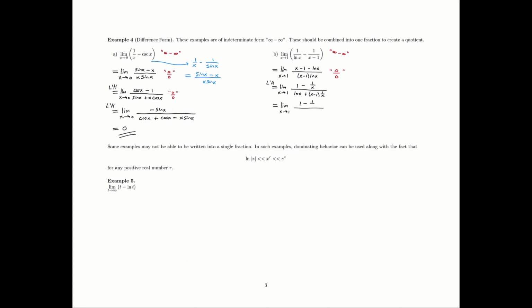This is 1 minus 1 over x over ln x plus 1 minus 1 over x. Okay. Now at this stage, if we plug in 1, we can see that we get 0 over 0 again. So let's go ahead and use L'Hopital's rule another time.